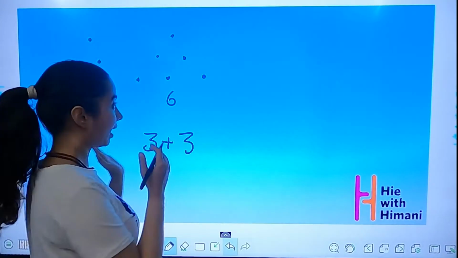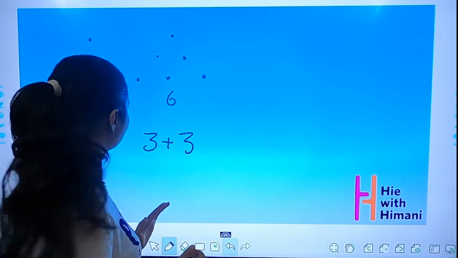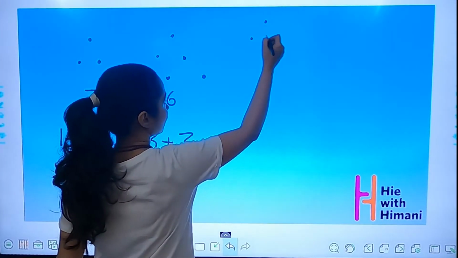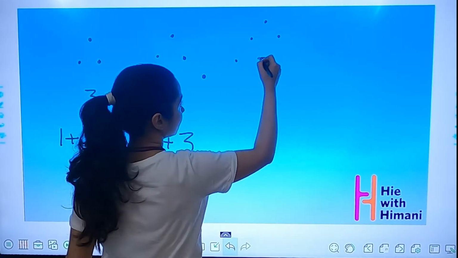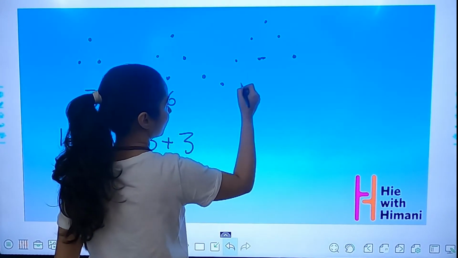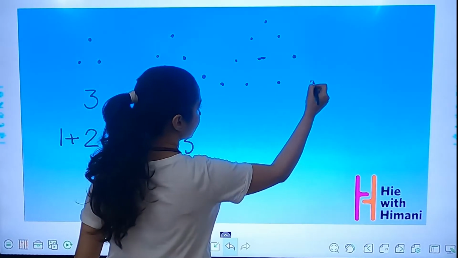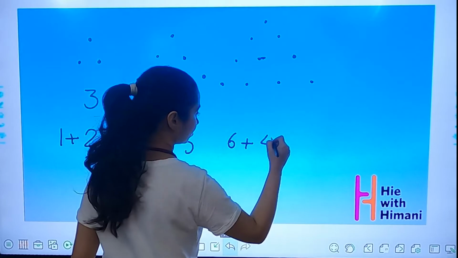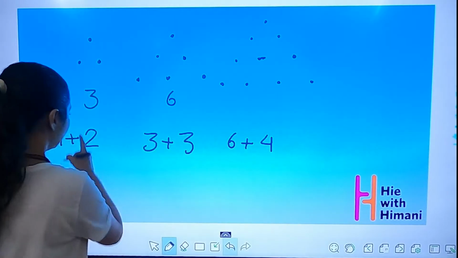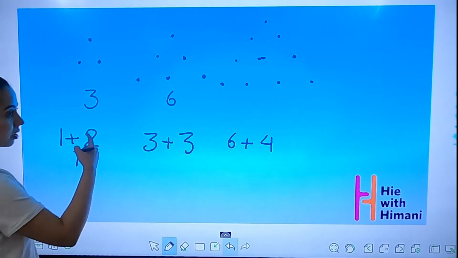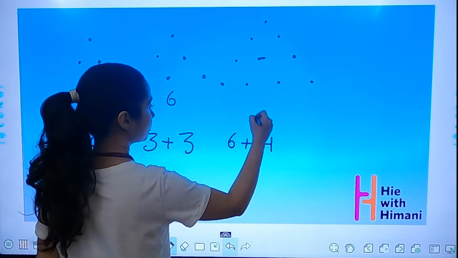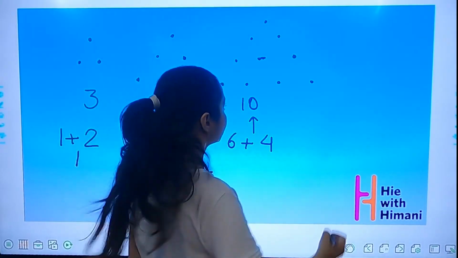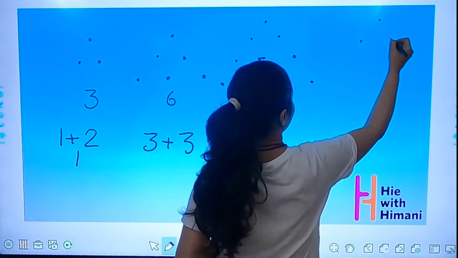See, look carefully at the pattern which the triangle is following. Since this is already 6, this much is 6. So now if I have to make another bigger triangle, it will be 6 plus 4. This was equal to 3, this was equal to 6, and this is equal to 10 dots. Now what about a bigger triangle than this one?